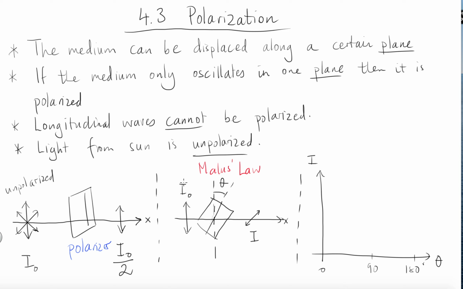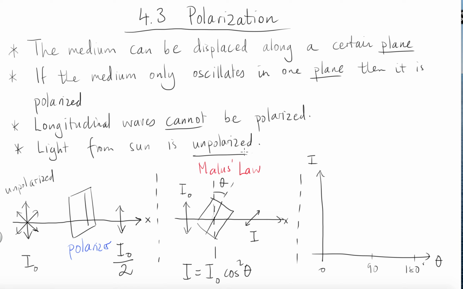However, if we have already polarized light of intensity I0 passing through a polarizer at an angle theta to the incoming plane of polarization, then the transmitted intensity that we would receive, I, would be equal to I0 times the cosine squared of the angle between the plane of polarization and the plane of the polarizer.